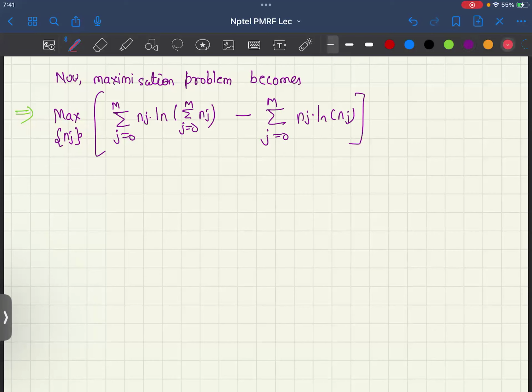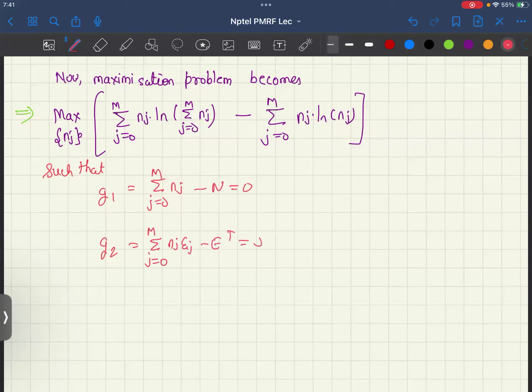Such that g1 is equal to summation j equals 0 to m of nj minus n is equal to 0 and g2 is equal to summation j equals 0 to m of nj epsilon j minus et is equal to 0. And this is the final maximization problem.